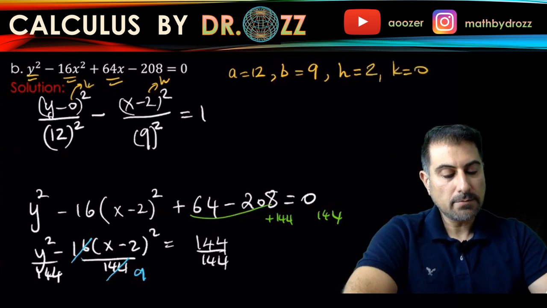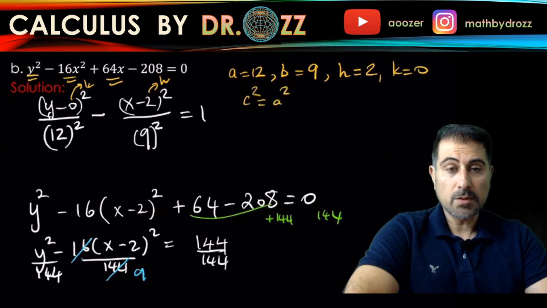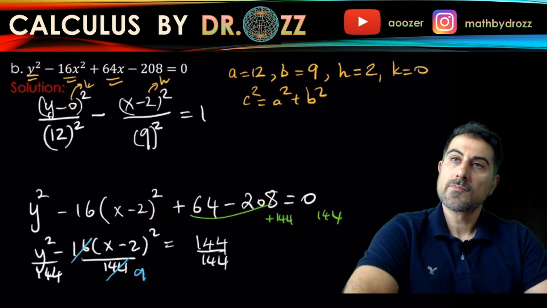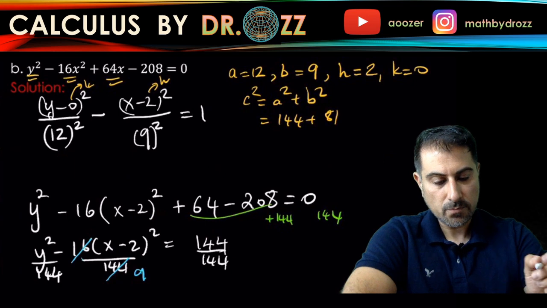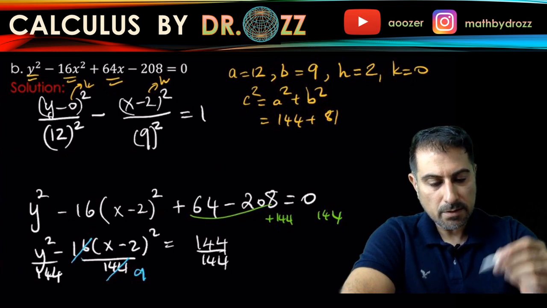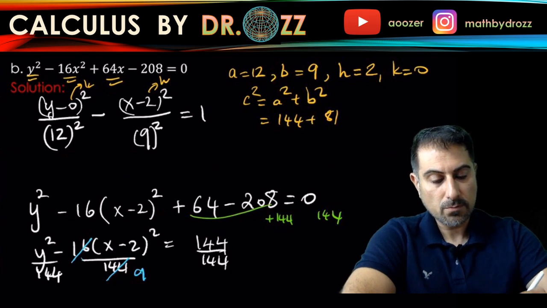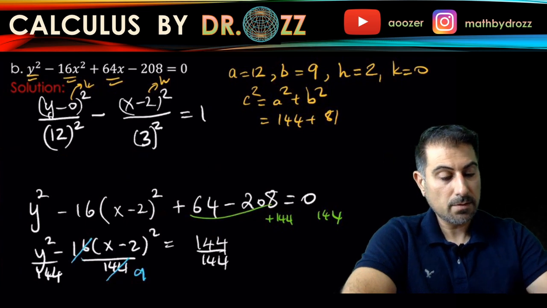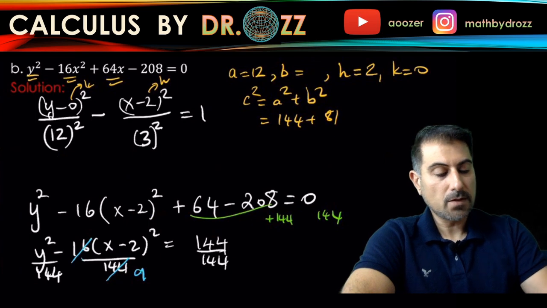Let's find c from this relationship, c squared equals a squared plus b squared. In fact, b squared is 9, I'm sorry. I made a mistake here, by the way. This should be 3 squared, because that's 9 already, so b equals 3, and this is 9.